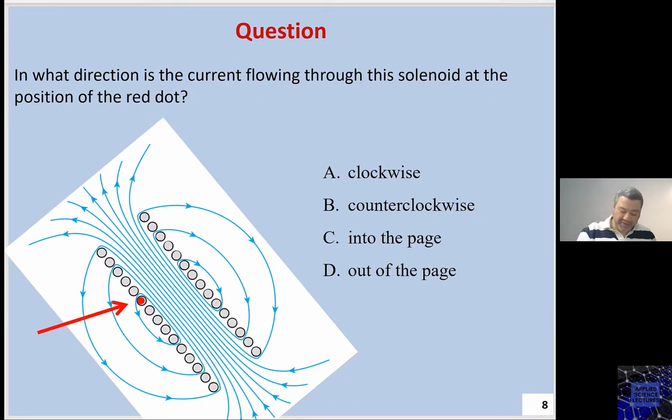So the thumb is the direction of the magnetic field, and the fingers are the direction of the current. So I can see that current is entering at this side, leaving at that side, and that's why the correct answer is the current is coming out of the page at the red dot.